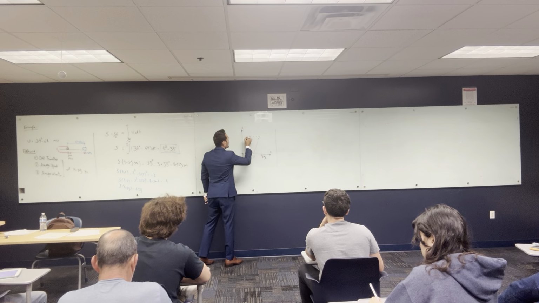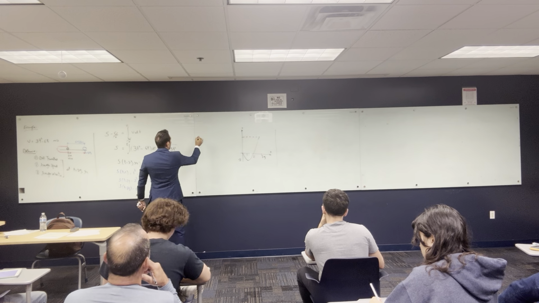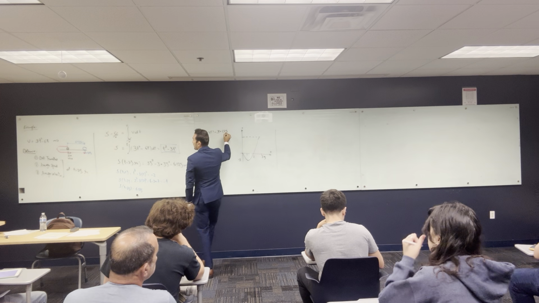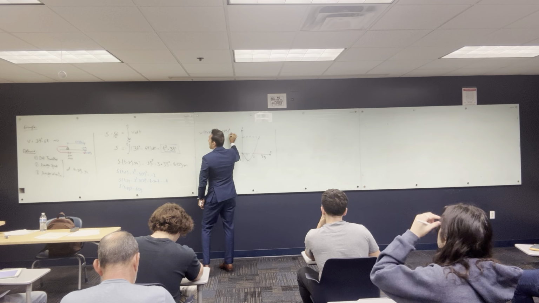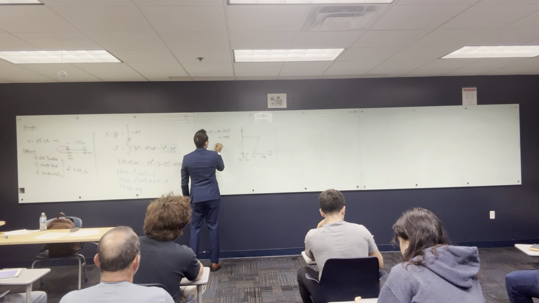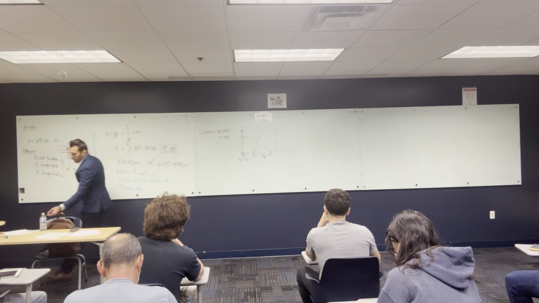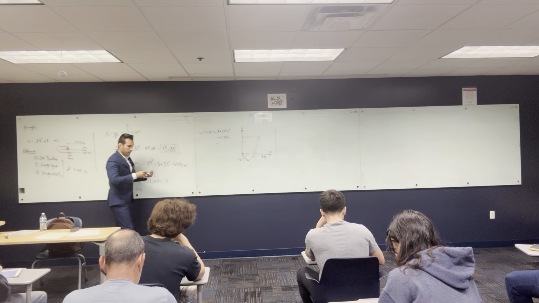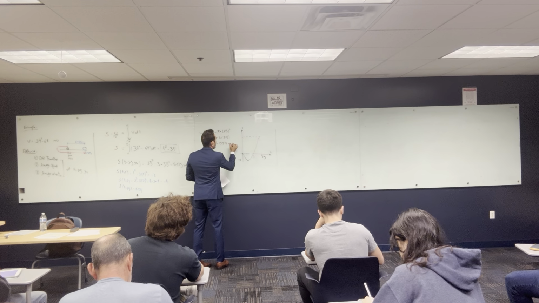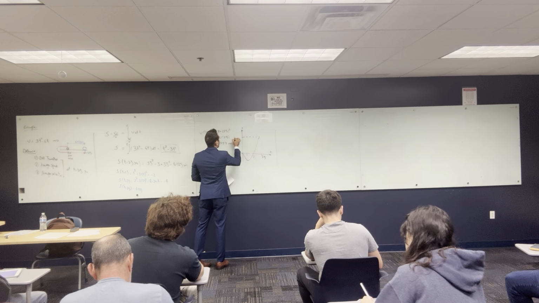If you want to find the velocity at 3.5, V at t equal 3.5 is going to be 3 multiplied by 3.5 squared minus 6 multiplied by 3.5. This is going to be 15.75 meters per second. This is the velocity.